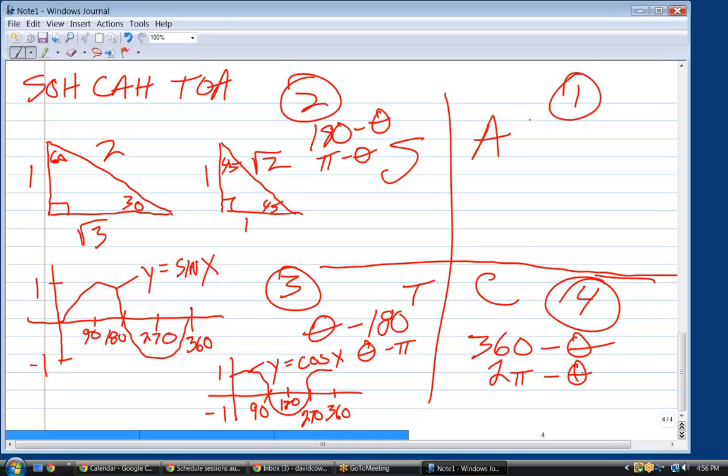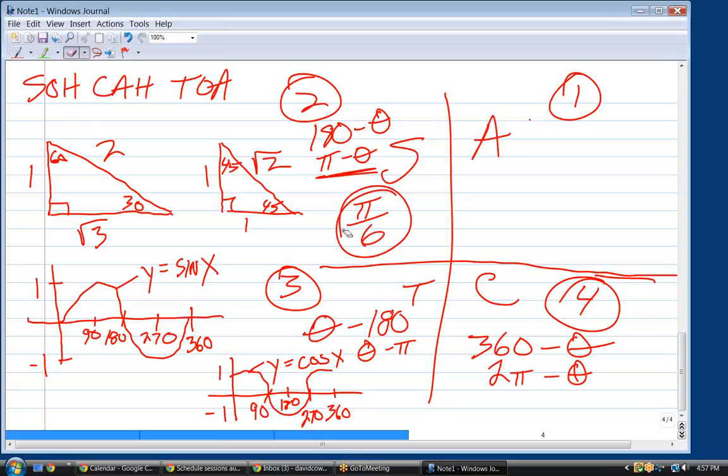In other words, if they said, what's the sine of 5 pi over 6? Well, you don't have to convert it to degrees and do all the work. You can work directly with this equation right there. The first thing you'd do is pi minus 5 pi over 6 gives you pi over 6. So there's the reference angle.